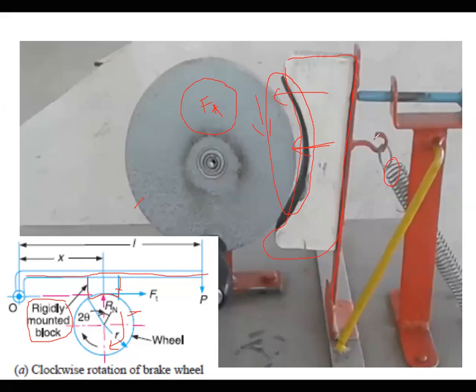On one side there is a force applying, and on the other side it is fixed. This side is a fixed fulcrum. That is how the total setup has been modified into a 2D diagram.